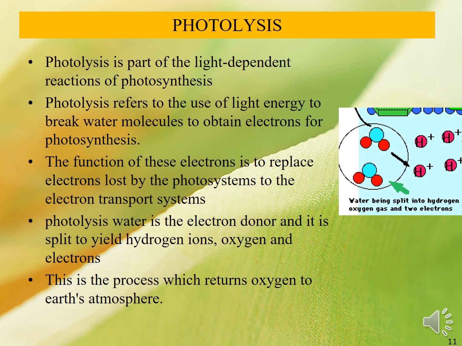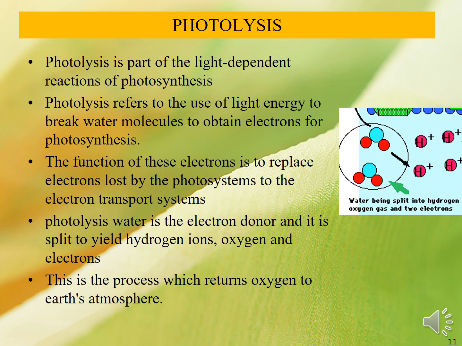Because you need to remember step number 3, when they split the water, the electron from the hydrolysis of water will replace the electron that is lost from chlorophyll A, P700, to the primary electron acceptor.